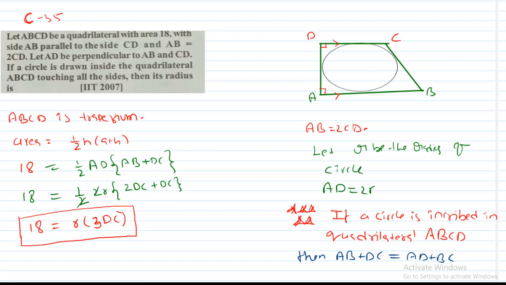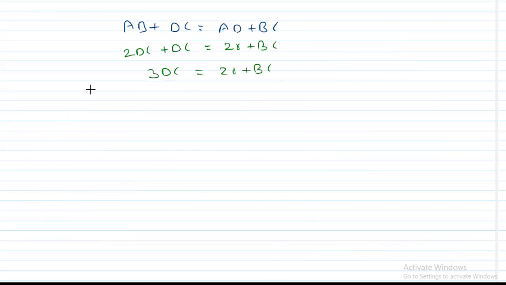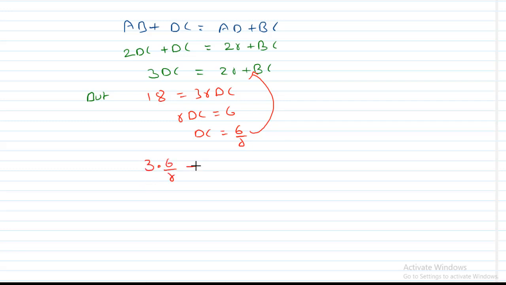18 equals 3R·DC, and one result we already got: 18 equals 3R·DC, so R·DC equals 6, or DC equals 6/R. Substitute this DC value here: 3 into 6/R equals 2R plus BC.